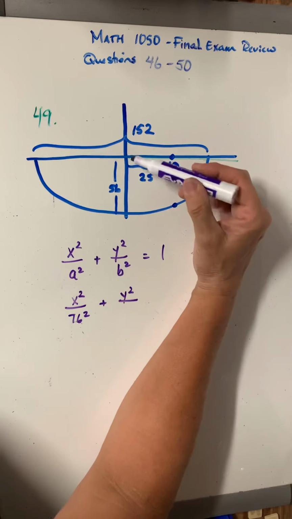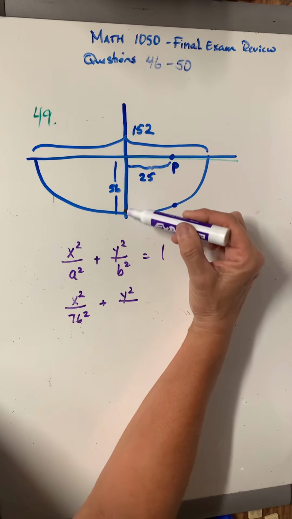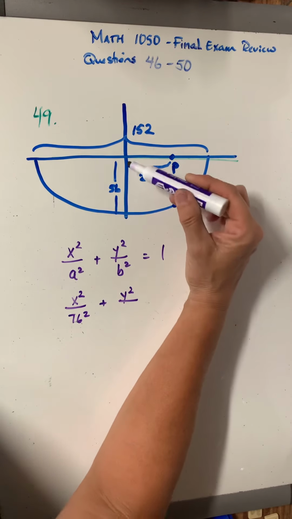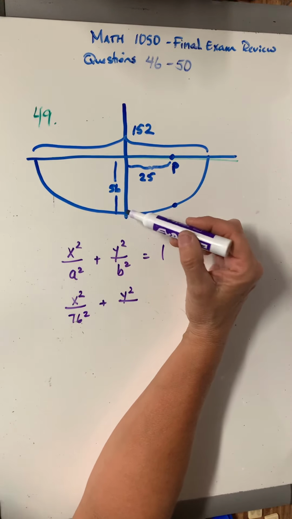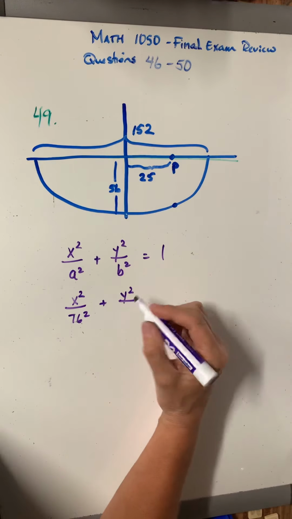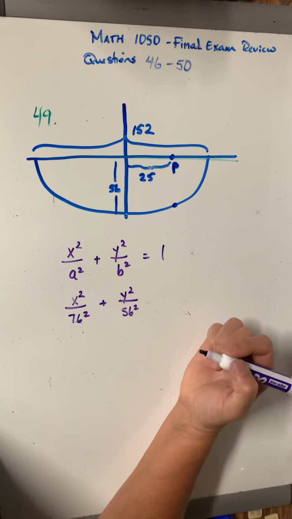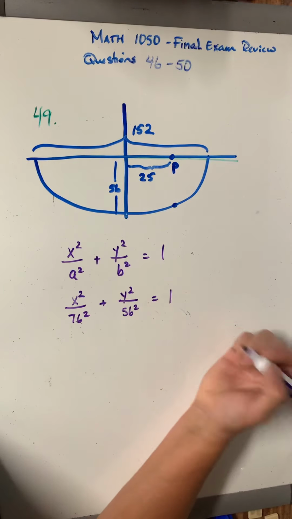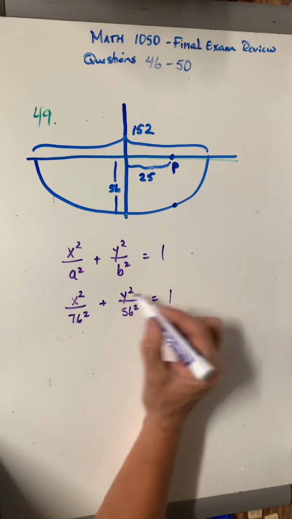That means B is the distance from the center along the minor axis to the ellipse. So this was 56. So I'm going to write 56 squared equals 1. So now I have an equation.